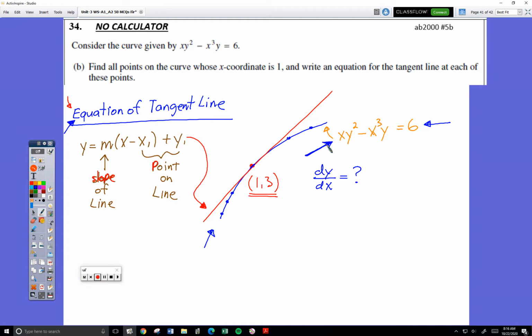I'm going to create a new formula, dy dx, using my derivative shortcuts. This formula is how I find the slope at every point on this curve. So it's how I find all these slopes. And then the last formula over here, this is the equation for any line. So because they asked for an equation of a line tangent, I use this formula to find the equation of this line. Right here. This one.